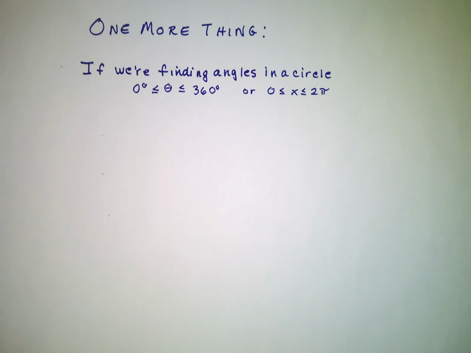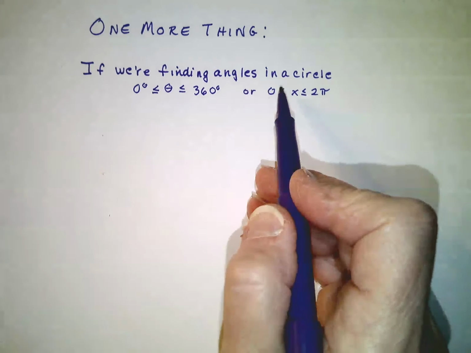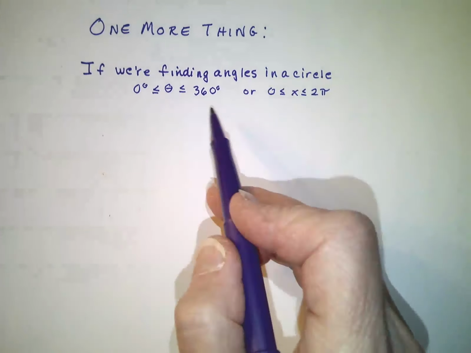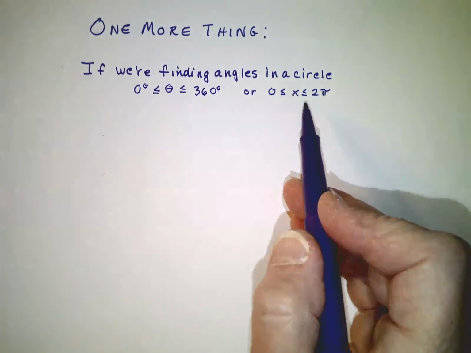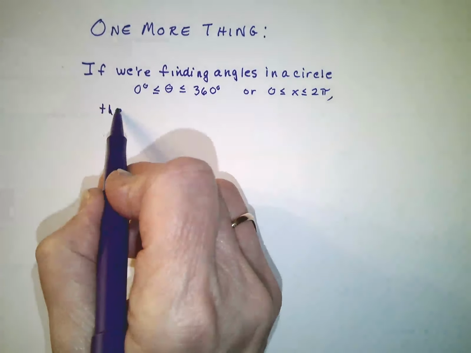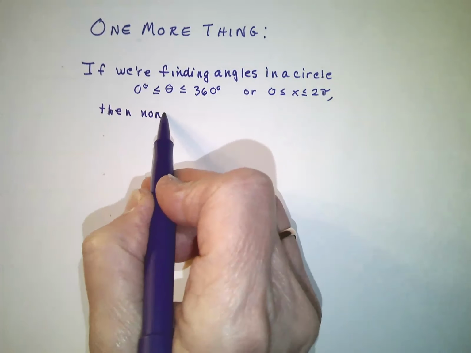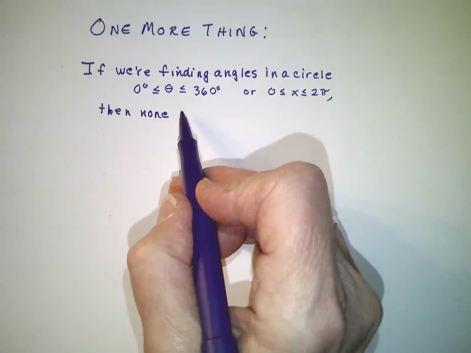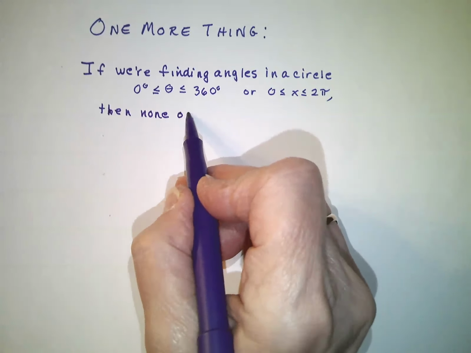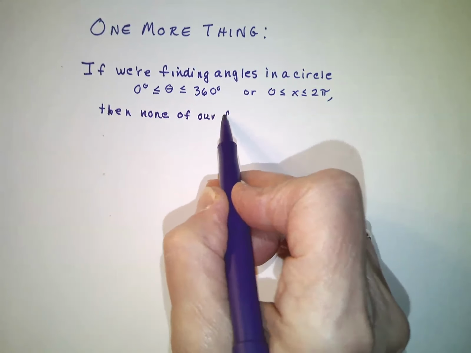There is one more thing. If we're finding angles within the circle, degrees has got to be from 0 to 360, radians has got to be from 0 to 2 pi, then none of our final answers can be negative. Our first and second representations of the angles might be, but none of our final answers can be negative.